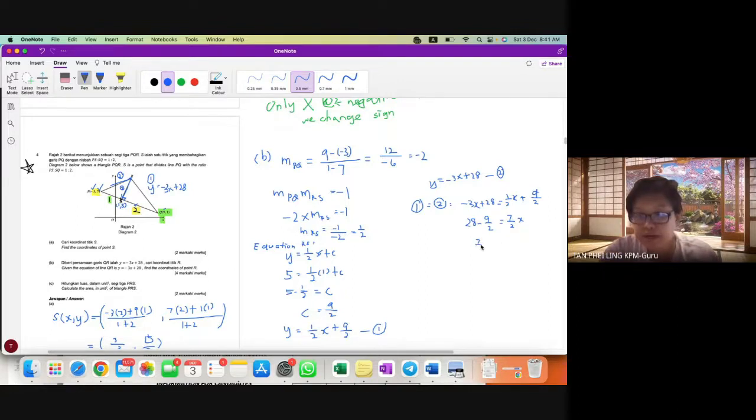So I can rewrite 7 over 2 x equals 47 over 2. Then x is 47 over 2 divided by 7 over 2, becomes 47 over 2 times 2 over 7. The 2 and 2 cancel off, giving 47 over 7.